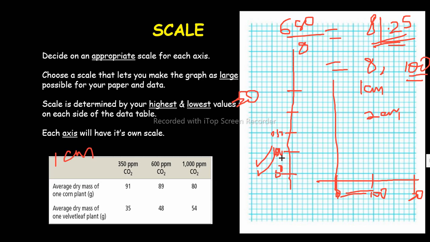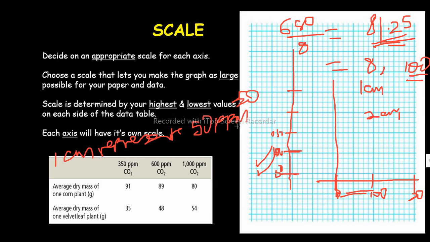Now for this person, he has used 1 centimeter. So you simply write the difference, and the difference must be the same. And that difference is your scale. So you say 1 centimeter represents 50 ppm. Okay? 50 parts per million.